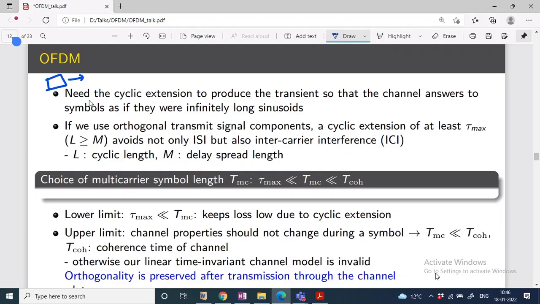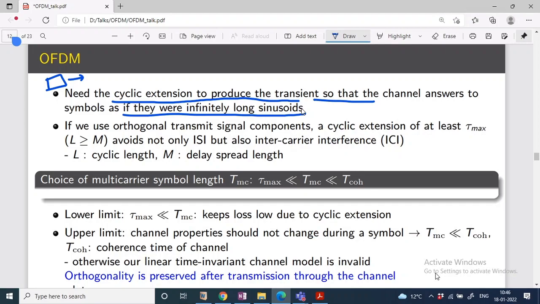So we need to put a cyclic extension to absorb the transient, so that the channel responds to the symbol as if they were infinitely long sinusoids. If you consider the sinusoids as infinite duration, they will not distort.